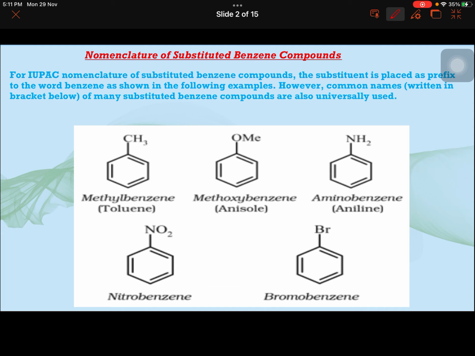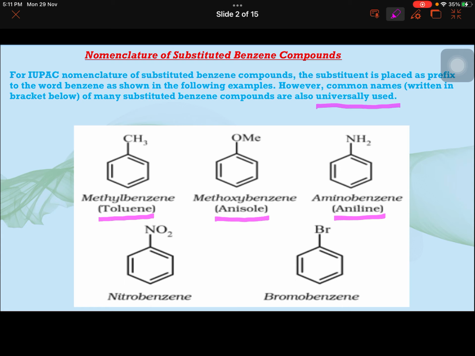Now you will notice that there are some names written in brackets. For methyl benzene, toluene is written. For methoxybenzene, anisole is written. For aminobenzene, aniline is written. These are common names, trivial names. But for these compounds specifically, they are also universally used.